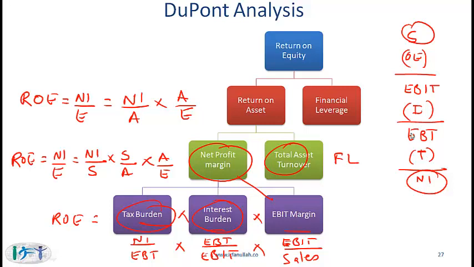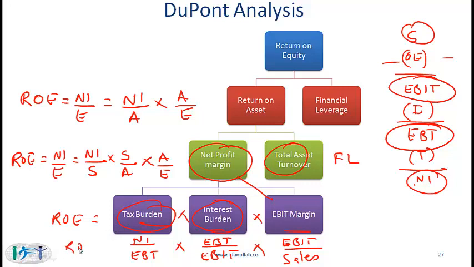A high number for net income over EBT means that the tax is low, multiplied by EBT over EBIT, so this divided by EBIT. A high number for this ratio means that interest is low. And then EBIT over sales, this is our operating profit margin. A high number means that our operating expenses are low.